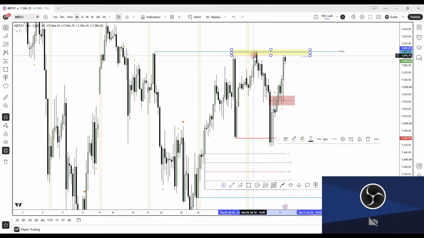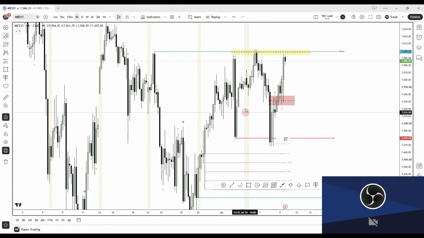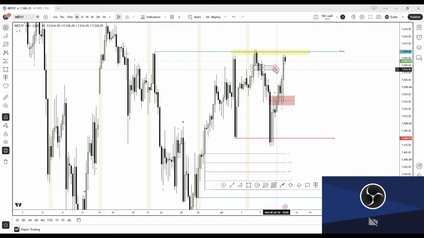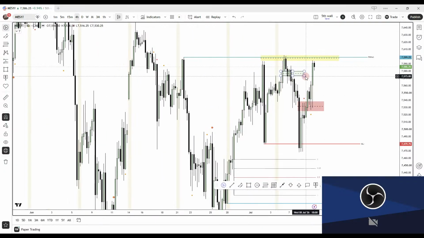So price false breakout above, trade it back down. We have a fair value gap here. All right, and you can drag that out as well. Maybe I should have.